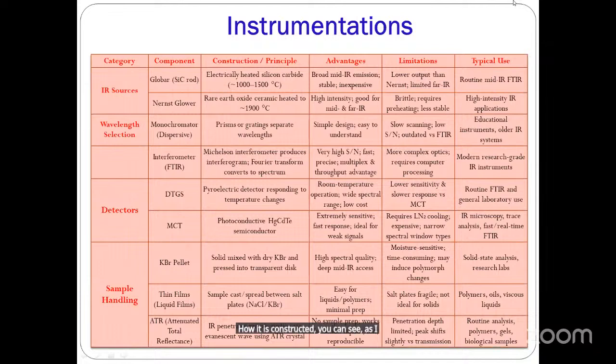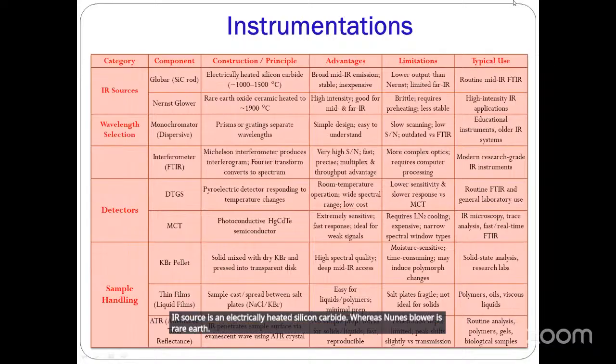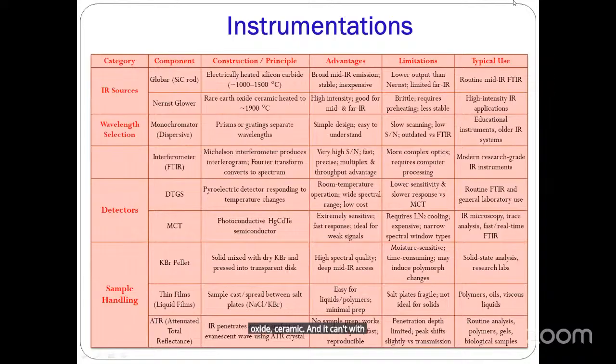As I told you, Globar IR source is an electrically heated silicon carbide, whereas Nernst Glower is rare earth oxide ceramic, and it can withstand a temperature close to 1900 degrees Celsius. So by comparing these two IR sources, you can easily make a conclusion for effective IR source. So you can see various advantages are there.